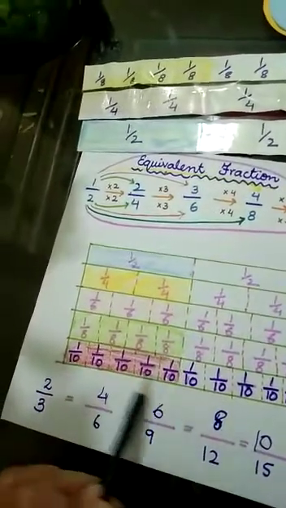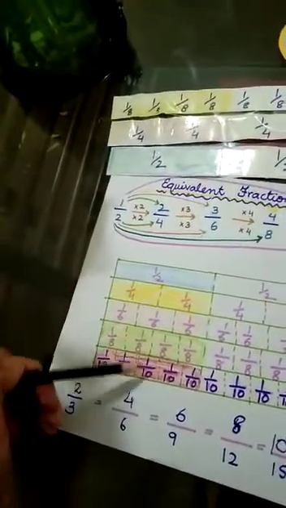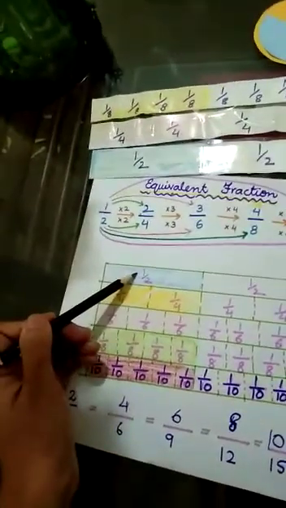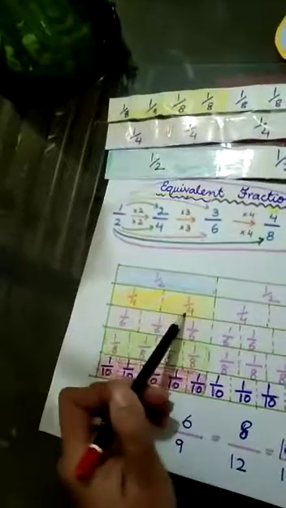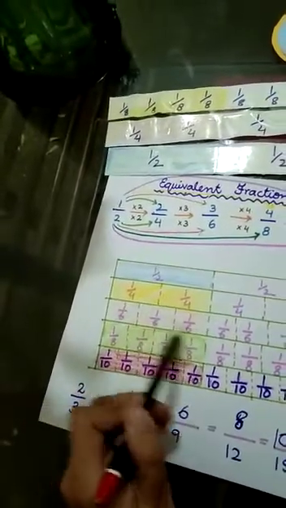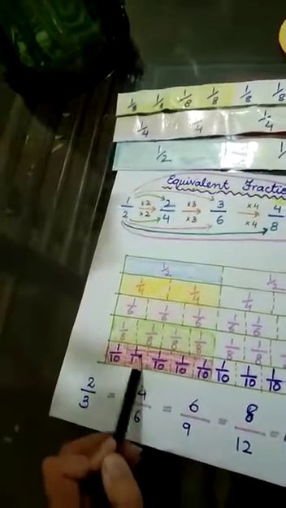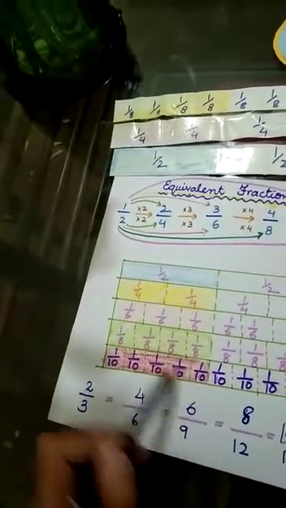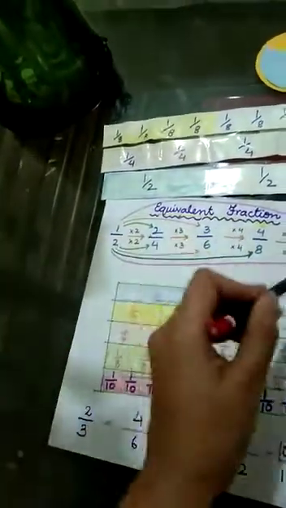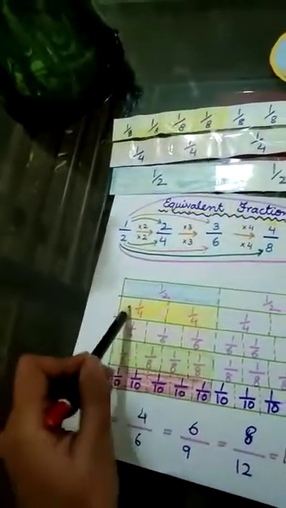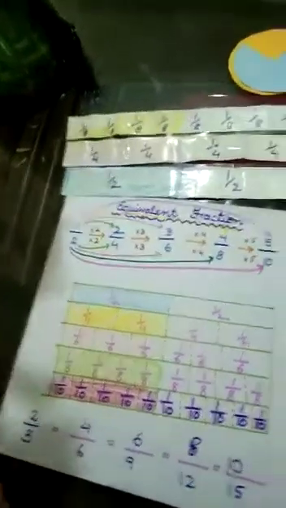All of these fractions are equivalent, and they are representing different numbers: 1 by 2, 2 by 4, 1, 2, 3, 3 by 6, 1, 2, 3, 4, 4 by 8, 1, 2, 3, 4, 5, 5 by 10. 2 by 4, 3 by 6, 4 by 8, 5 by 10. These numbers are represented by these diagrams. It looks slightly complex, but it is super easy.